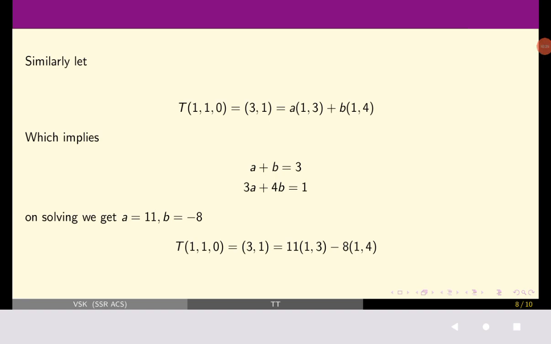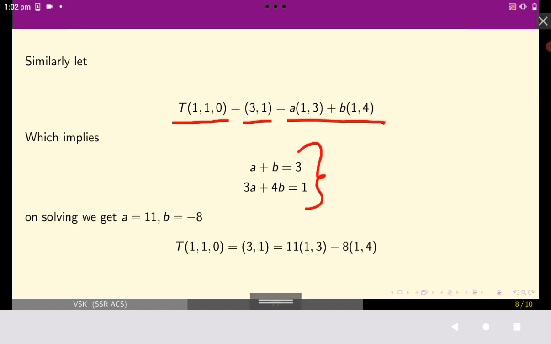So let us see the second. Similarly, T(1, 1, 0) will become (3, 1), and again putting the values like this and solving very easily, we get 11 and minus 8. So these are the coefficients, and this will become the second column: 11, minus 8.